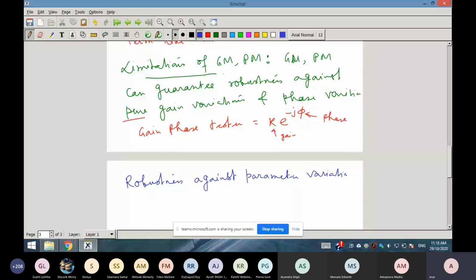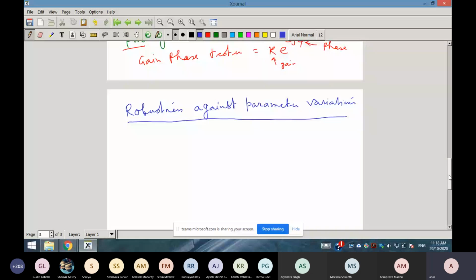So now, sensitivity. I do not know whether the sensitivity term has been taught. Sensitivity, loop sensitivity, closed loop sensitivity, all these things have been taught or not. Anyway, whatever things are needed here, I will discuss in brief. So this is your plant, suppose, G(s, alpha).